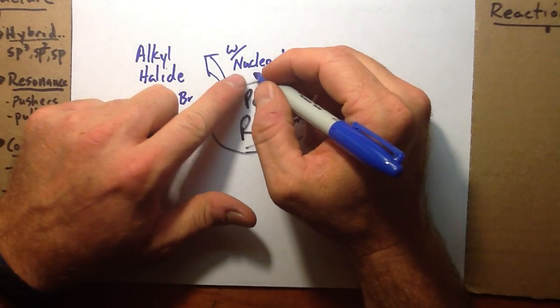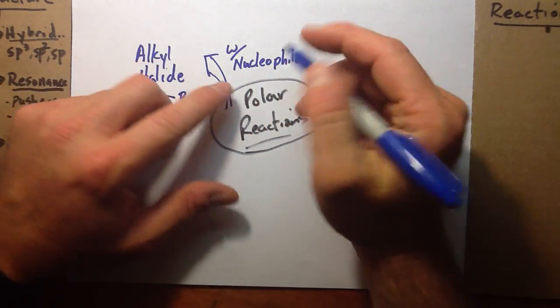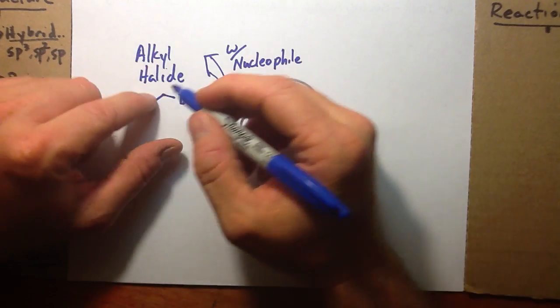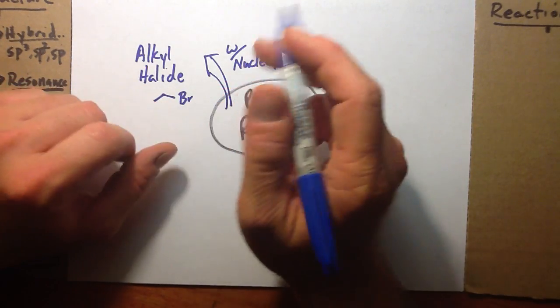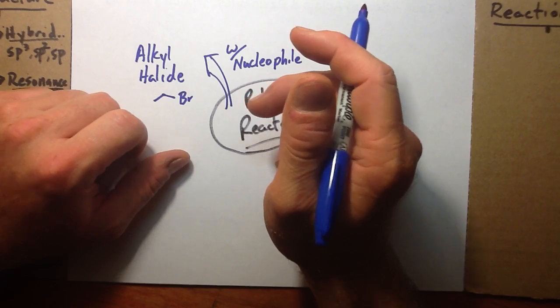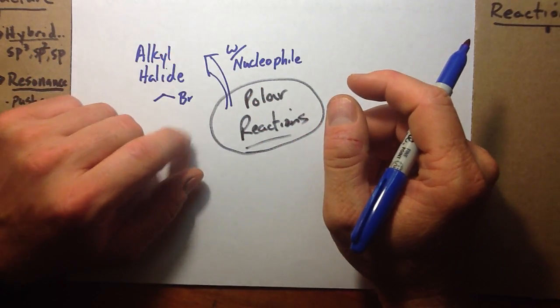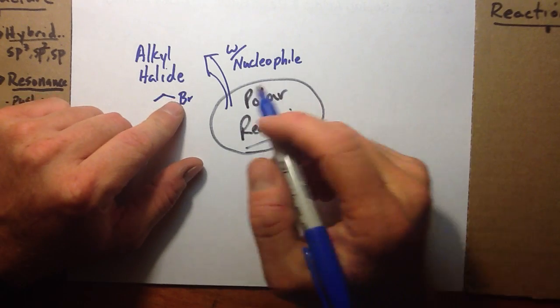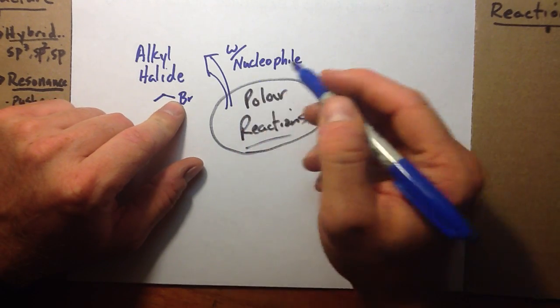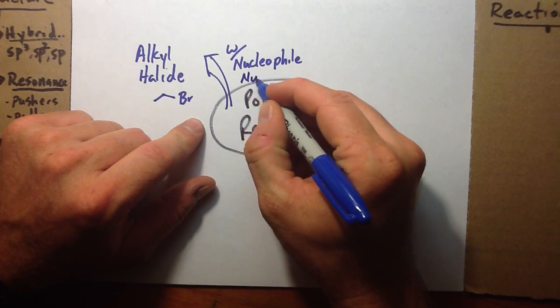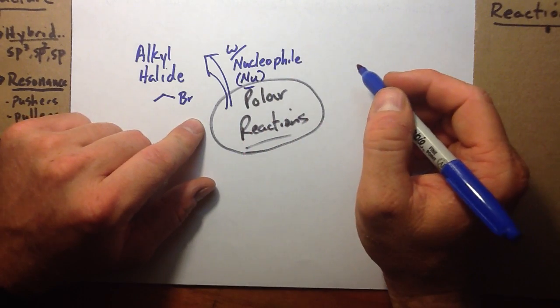Why? Because they love a nucleus. Nuclei are positive. They're nucleus lovers. They're going to come after something partially positive in the alkyl halide. That's the first reaction we'll consider. And it'll have 4 presentations that cover reactions of alkyl halides with nucleophiles. And we'll abbreviate this as Nu.